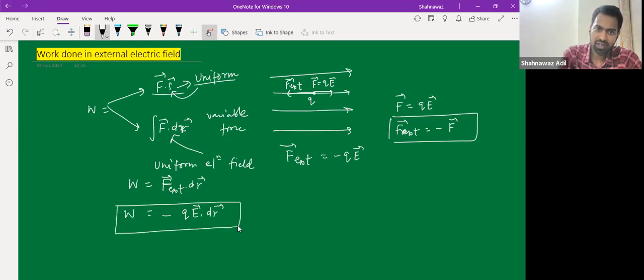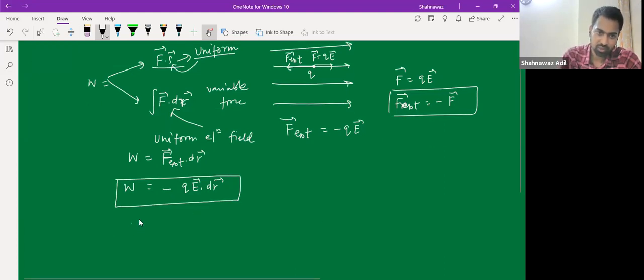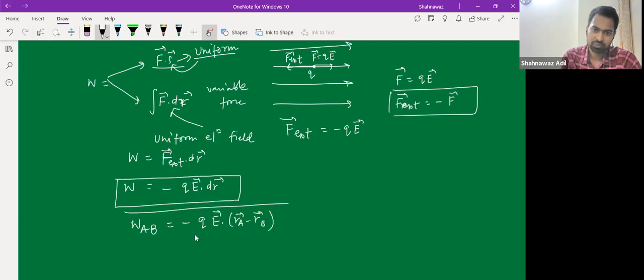And if I write this as WAB, this would be simply minus QE dot RA minus RB. Just remember this.